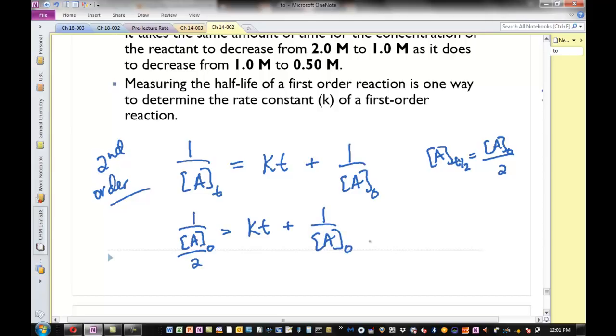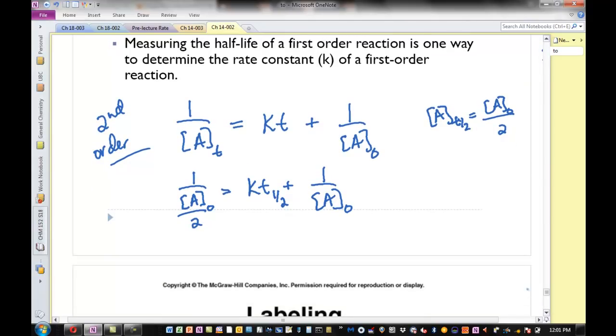So I'm just saying at the half-life, this should say half-life here, so at T1/2, the concentration is going to be half of the initial. So now, if you look at the 2 down here in the denominator, we're taking 1 divided by 1/2. So this is going to give us 2 over the initial.